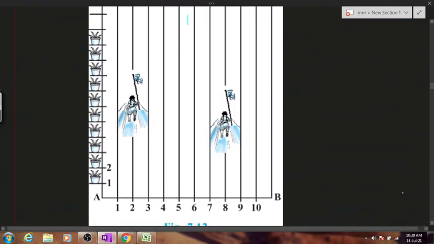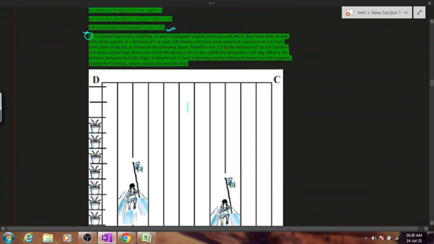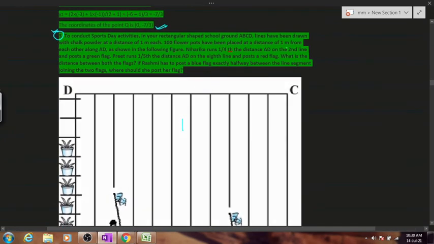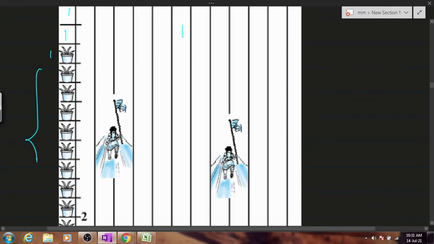This is a flag hoisting competition. Clear? Now, ABCD is a ground. Lines have been drawn with chalk powder at a distance of 1 meter each. So 1 meter, 1 meter, 1 meter, 1 meter. Clear? 100 flower pots have been placed at a distance of 1 meter. So after 1 meter, 100 flower pots have been placed.